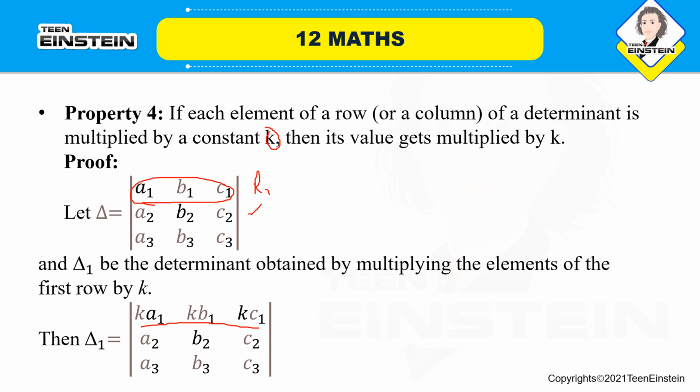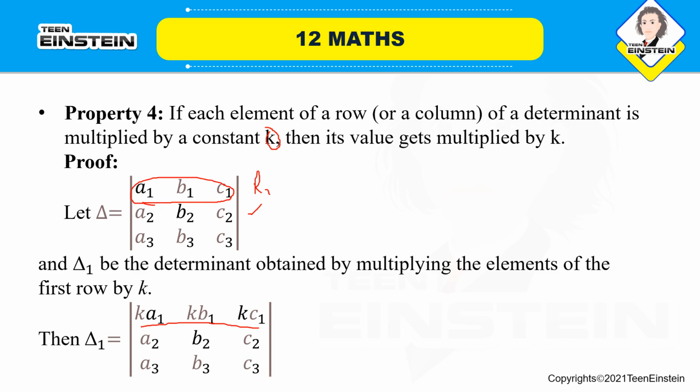So you are getting delta 1, the determinant with rows KA1, KB1, KC1. We have multiplied the first row alone. So write the second row as it is, A2, B2, C2, and A3, B3, C3.